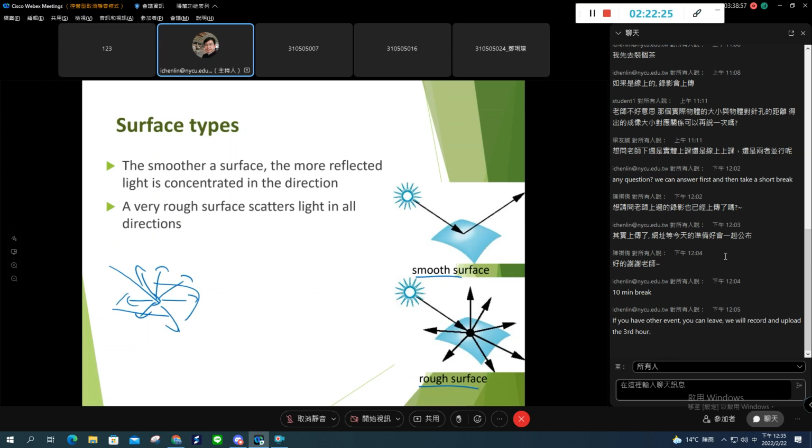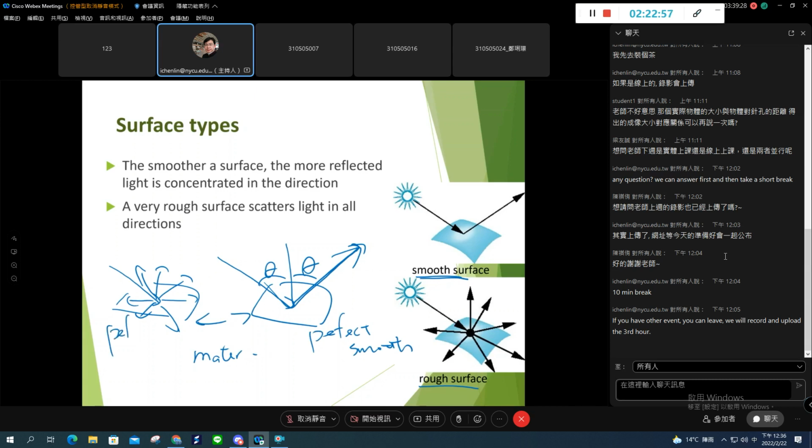This is called a perfect rough surface. For a perfect smooth surface, light hits the surface point and just goes in the reflected ray direction, so the theta will be equal.